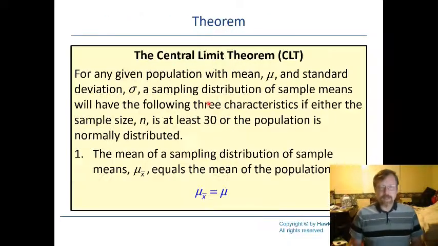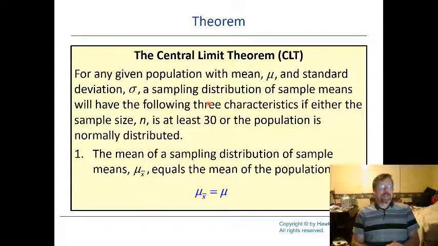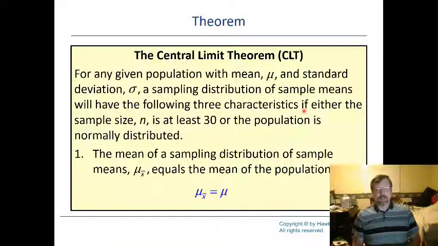Okay, so let's talk about the central limit theorem. If we have a population with some mean and some standard deviation, a sampling distribution of sample means has three characteristics, if either the sample size is at least 30 or the population is already normally distributed.